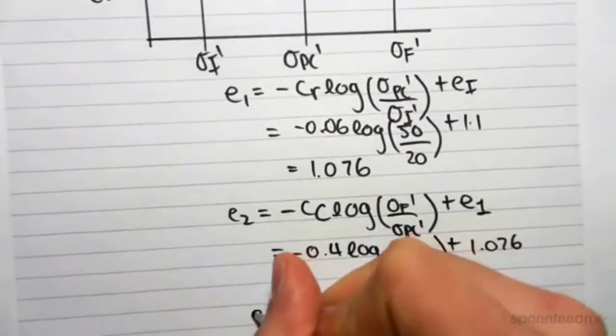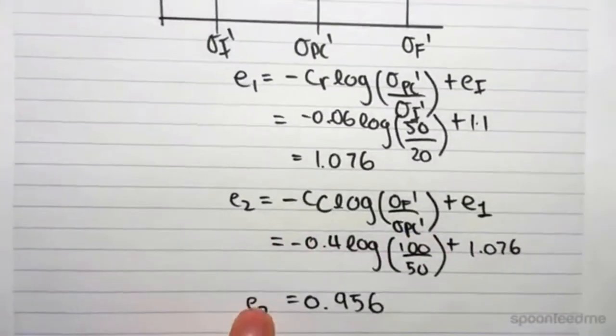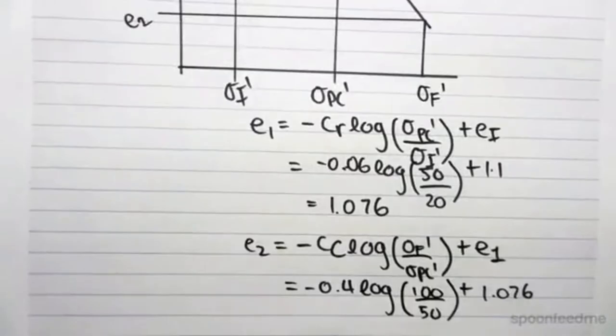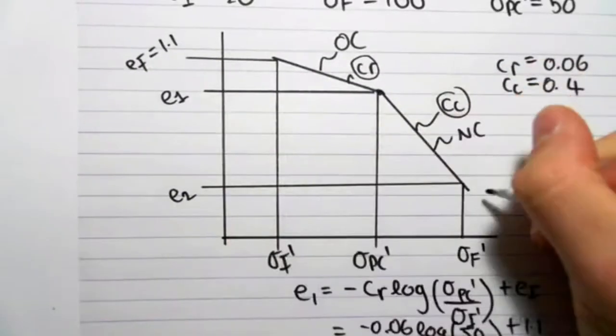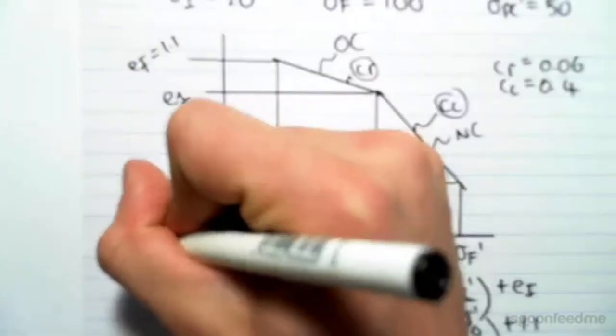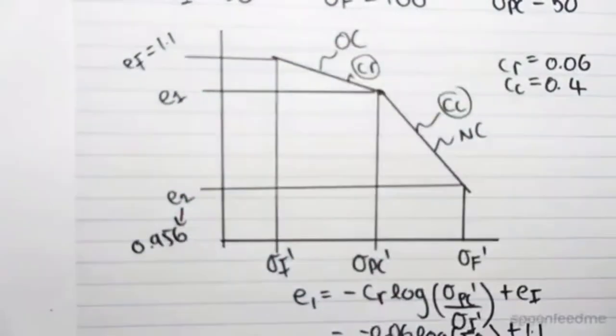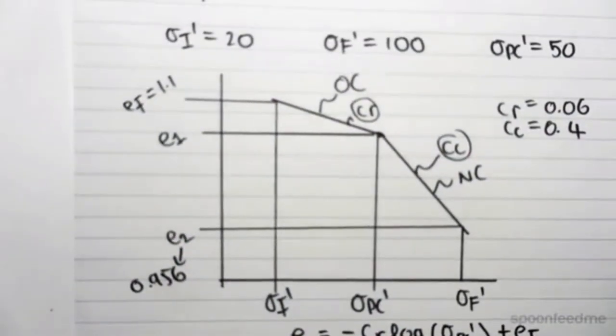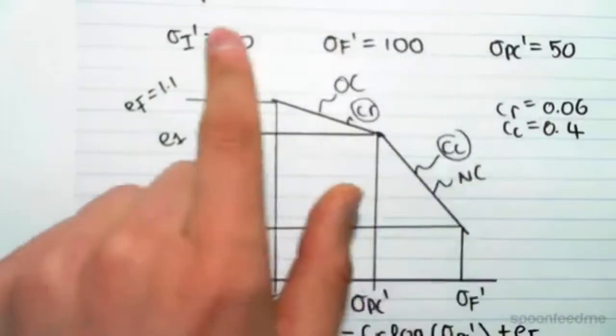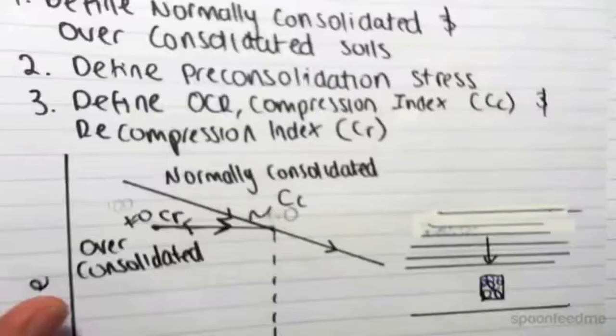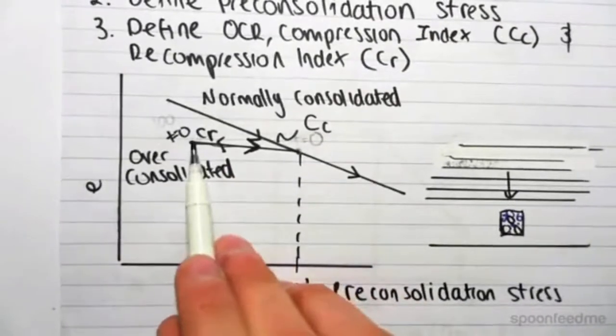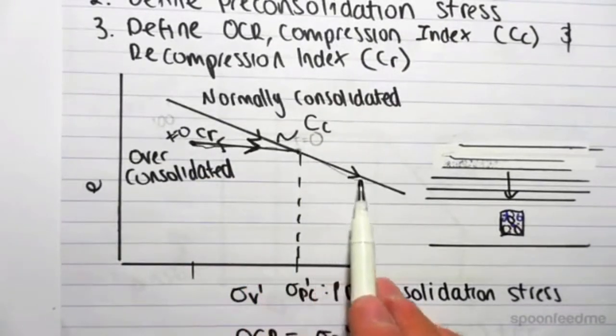So the final voids ratio due to this situation is 0.956. This example combines both the normally consolidated and the over consolidated, so we came along this line and then down this line.